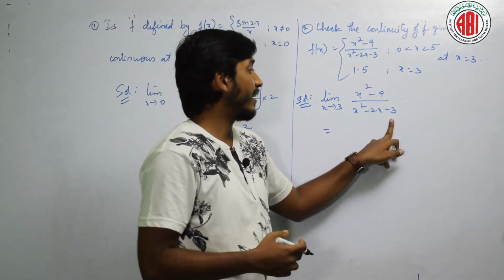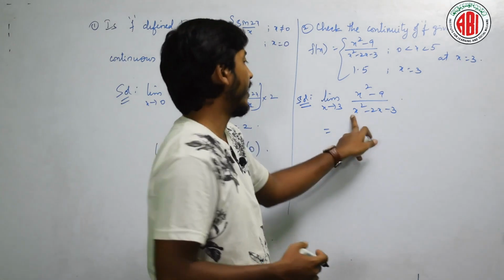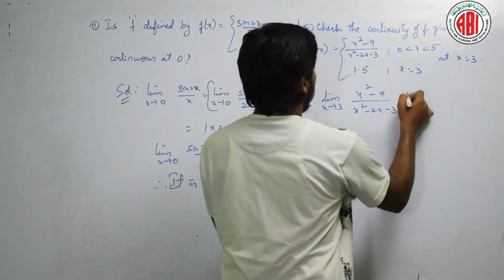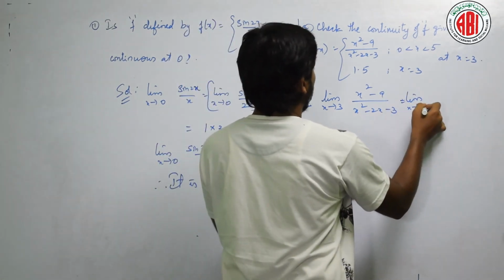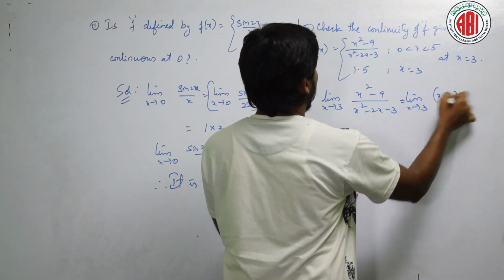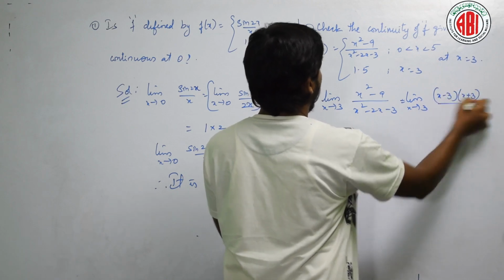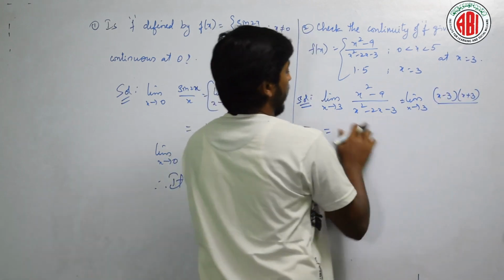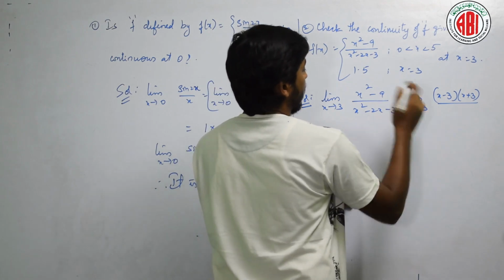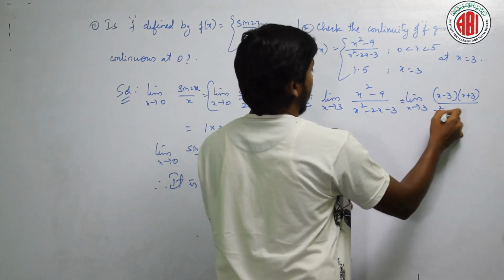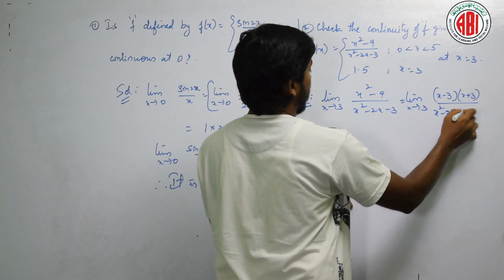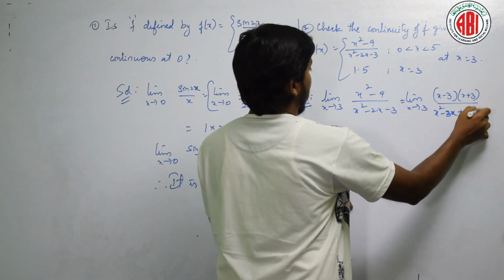Check whether we can factorize it. We can do it, right? This will become limit x tends to 3 of x minus 3 into x plus 3, and in the denominator x square minus 2x minus 3. Here it is x square minus 3x plus x minus 3.